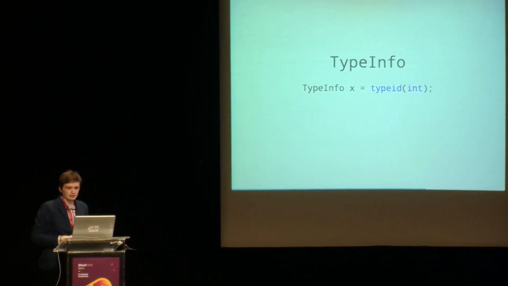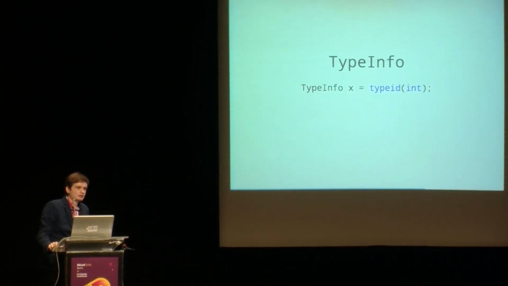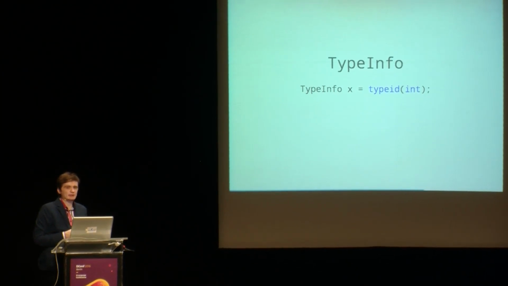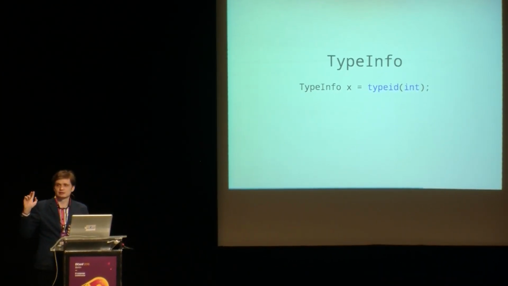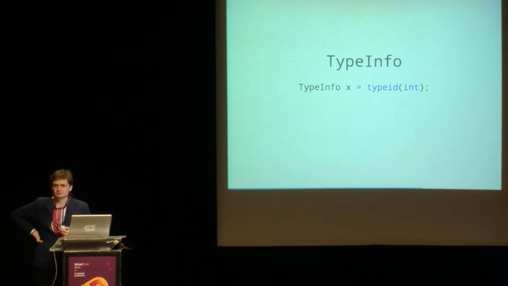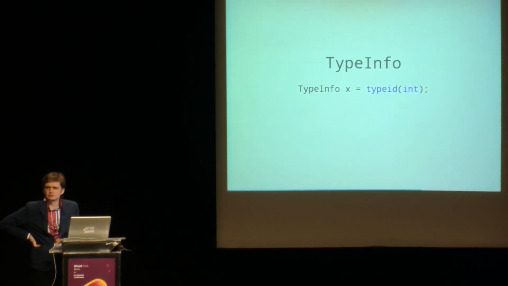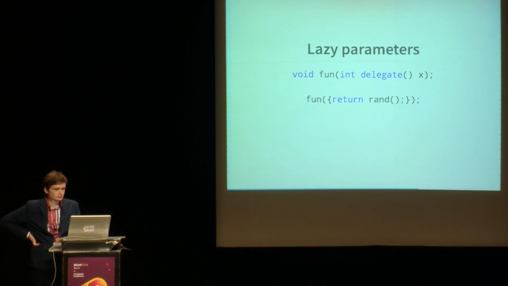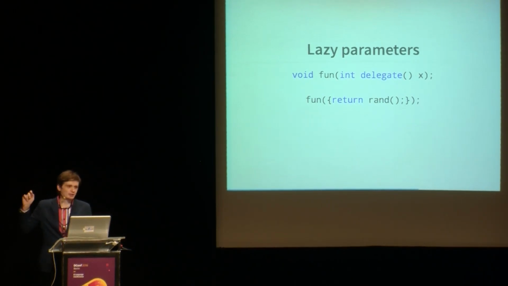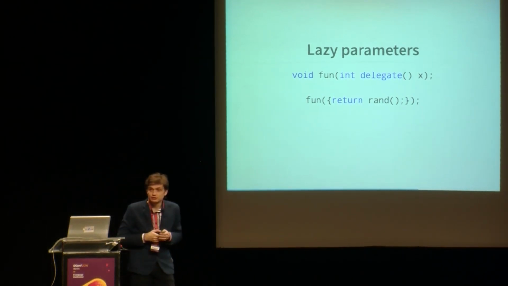Next secret. Type info. Yes, a question. You just said the lazy parameter is converted internally to a delegate. Does that mean if I use it in the function twice, it will get evaluated twice? Yes, it actually will be called twice, which is sometimes useful.